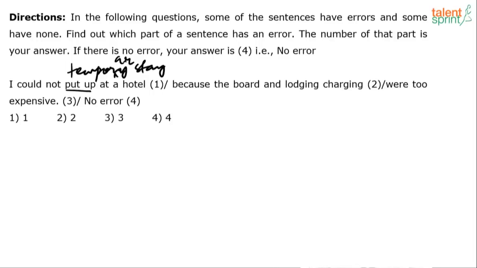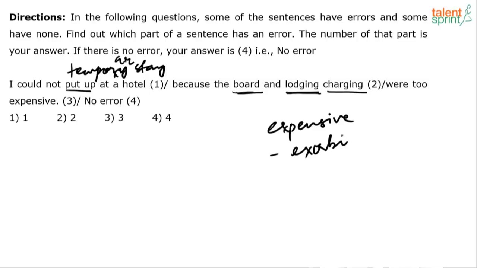Okay, this is a combination, board and lodging. So usually they both occur in the same form, boarding and lodging. And there is another mistake. Instead of charging, it should be charges. Were too expensive. What is the other word for expensive? Exorbitant.